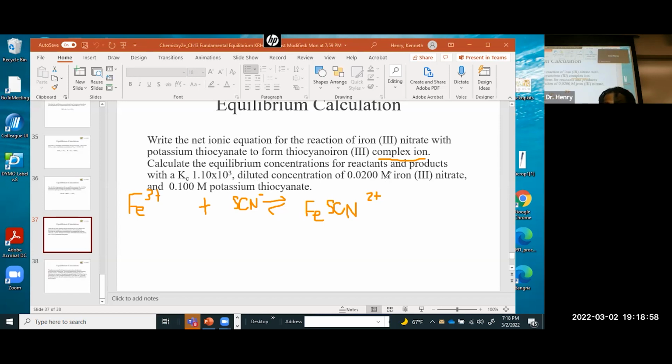We calculate the equilibrium concentration of the reactants and the products with the Kc and diluted concentrations. If we're starting out, the initial concentration of this is 0.0200 molar, and our initial starting concentration of this guy is 0.100 molar.